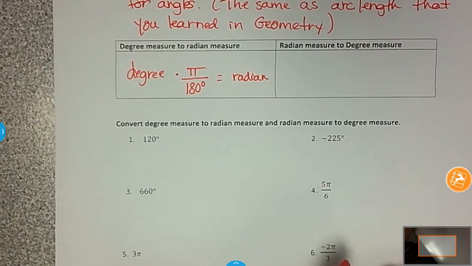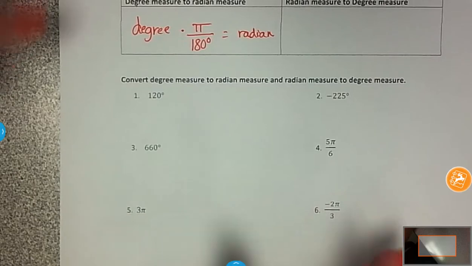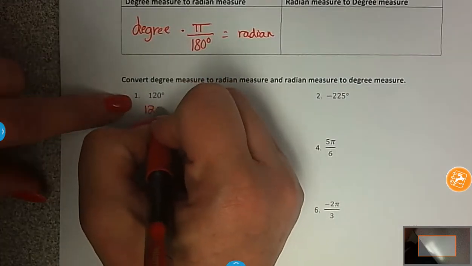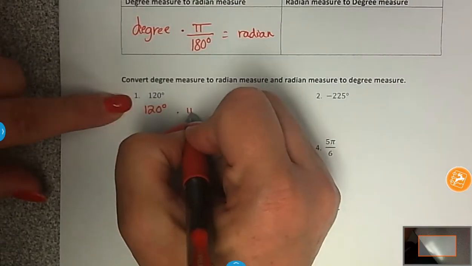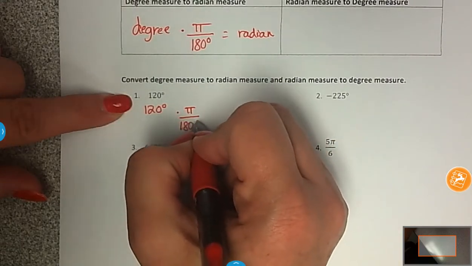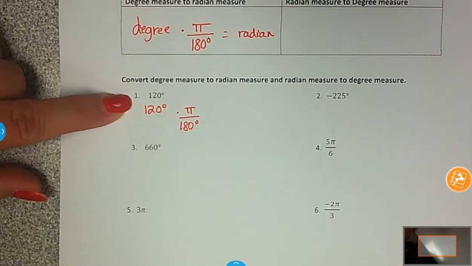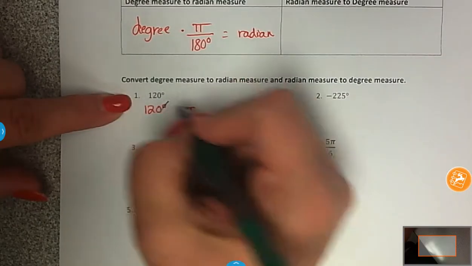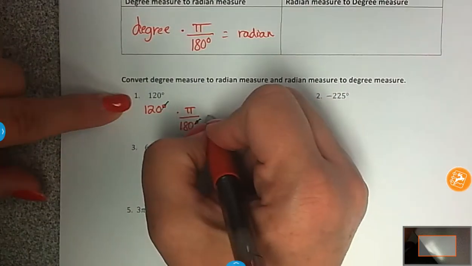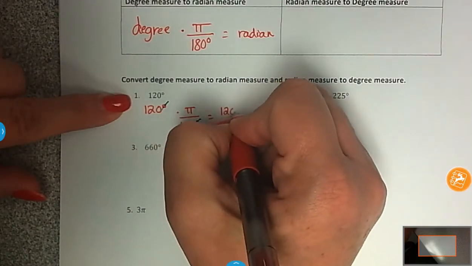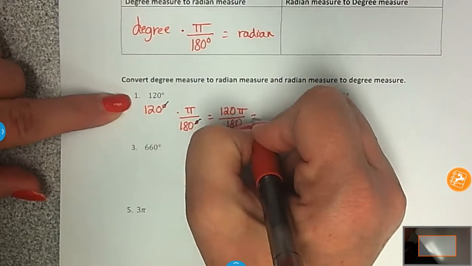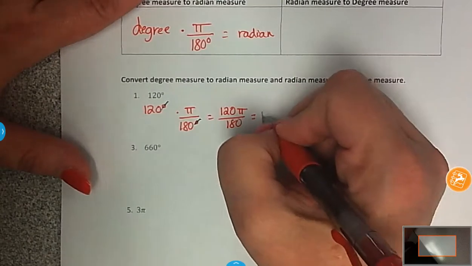So let me show you one of those here real quick. If we do number 1, my degree measure is 120 times pi over 180 degrees. So your degrees will cancel top and bottom, and that will give me 120 pi over 180, and then you have to reduce.